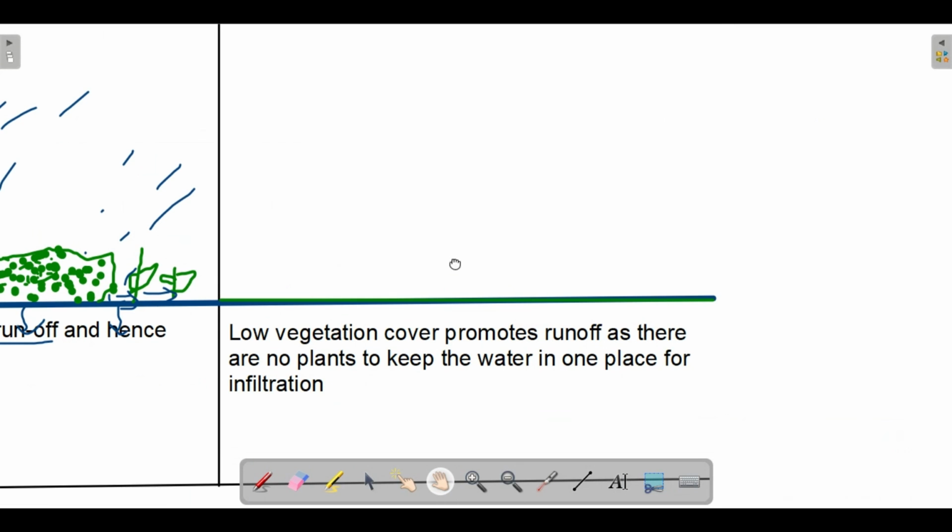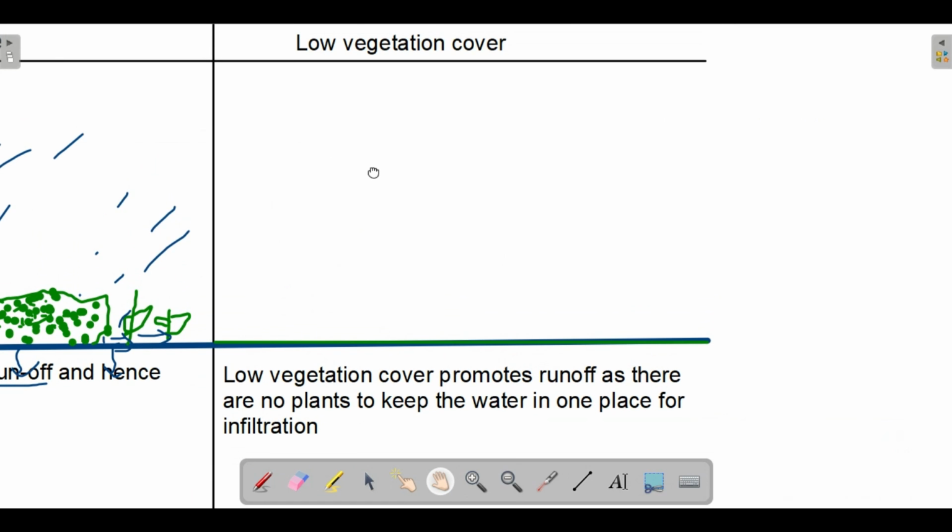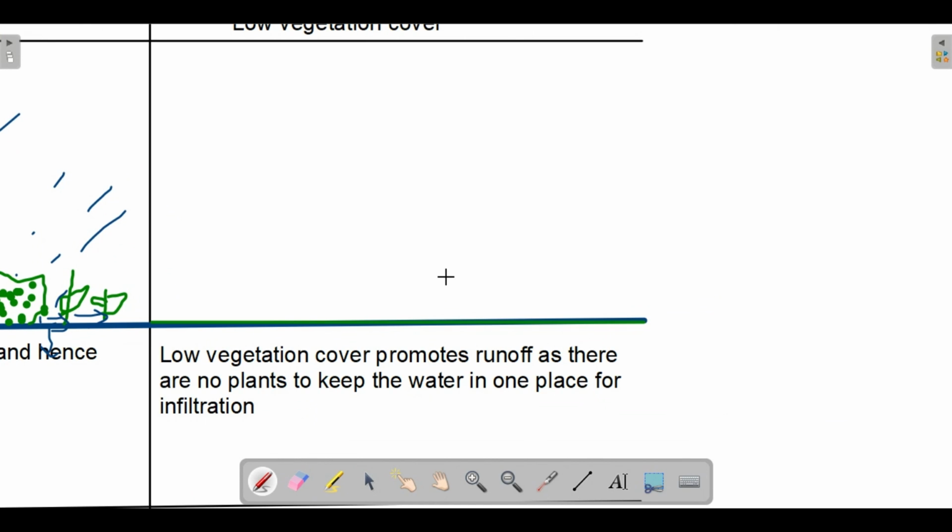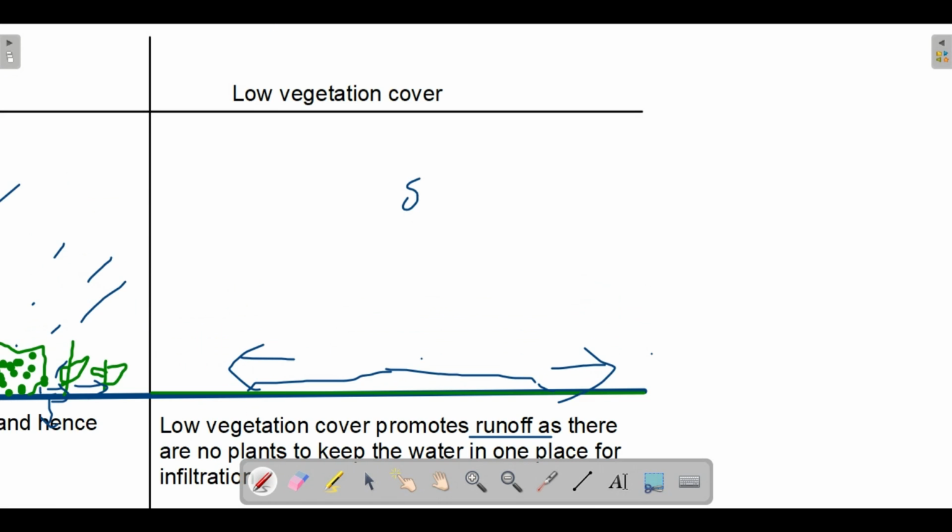Compare that to low vegetation cover, or barren soil. Because there's no vegetation at all, the water can move from one place to another, and hence this promotes runoff because it cannot be held in one place by the vegetation. It moves around, and hence we see more runoff instead of absorption or infiltration. So low vegetation promotes surface runoff.